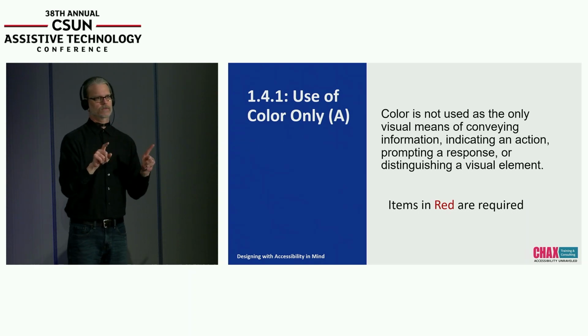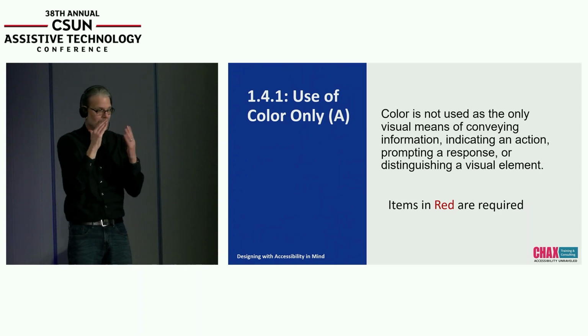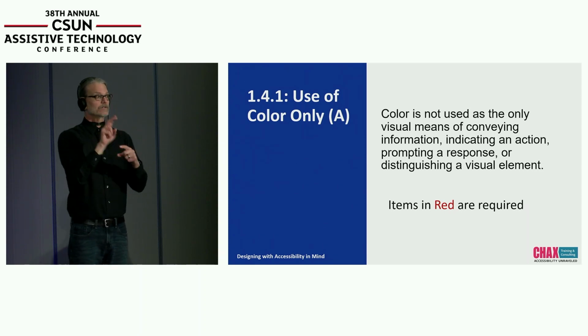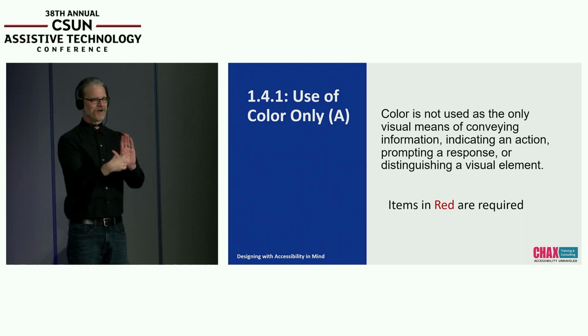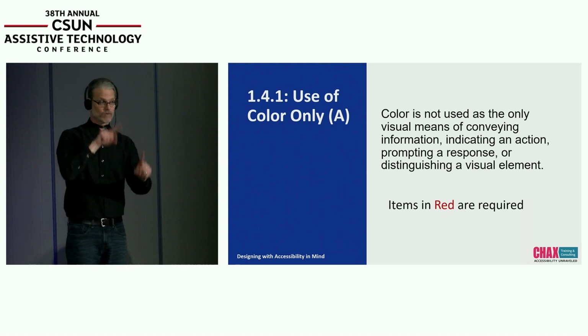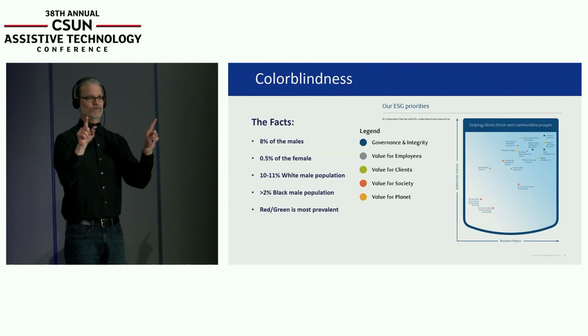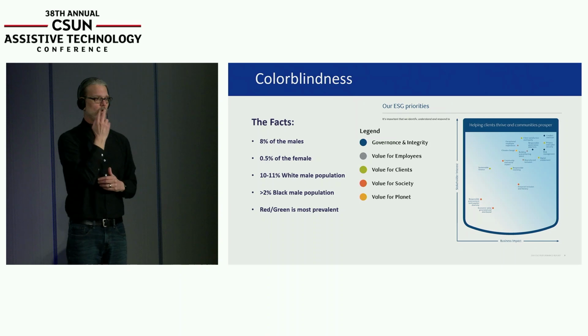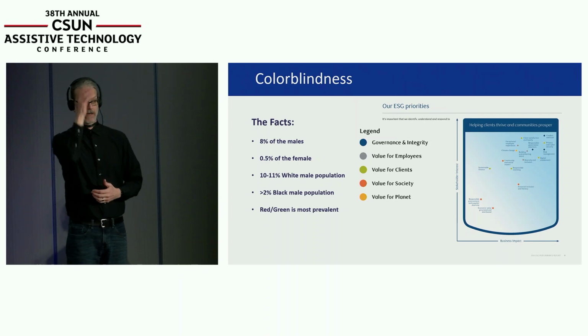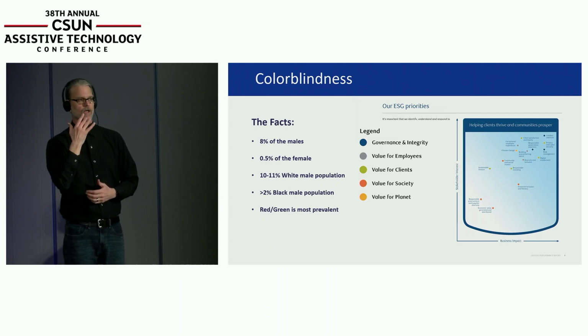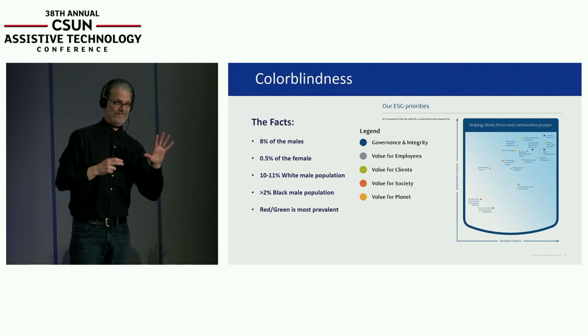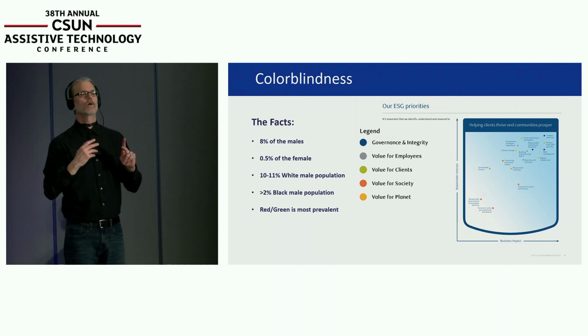And the reason we care is 1.4.1, the use of color only, says that we should not use color to convey meaning, information, indicate an action, prompt a response, or distinguish a visual element. And some colorblind facts: 8% of males have color blindness, 0.5% of females. If you're in a predominantly white population, you have a higher propensity for color blindness.